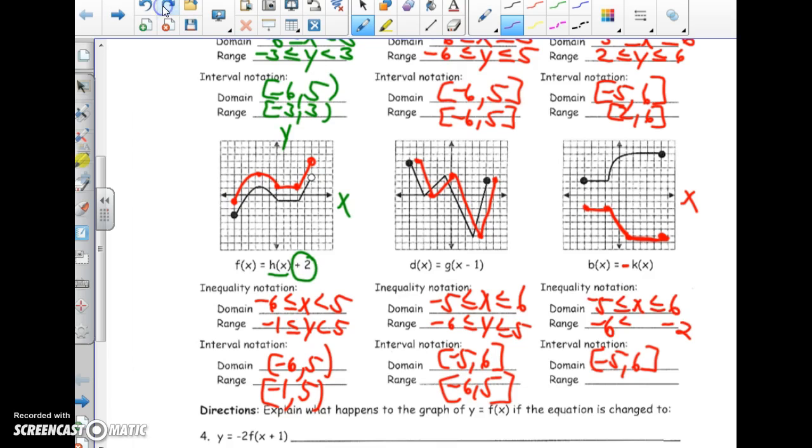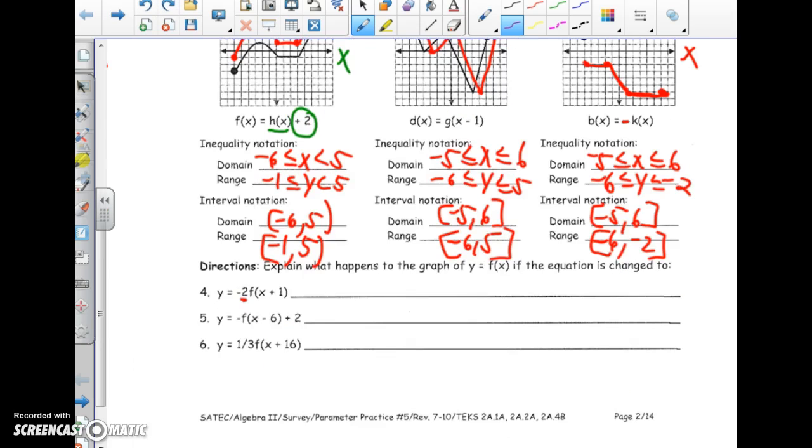Okay, so once again, the negative on the function makes it reflect over the x-axis. Okay, so you're going to write down, reflected over the x-axis, translate 1 to the left, right? And then here's what the 2 means. Here's what you write down. You write down these words, dilate, or you can write down this word, stretch.